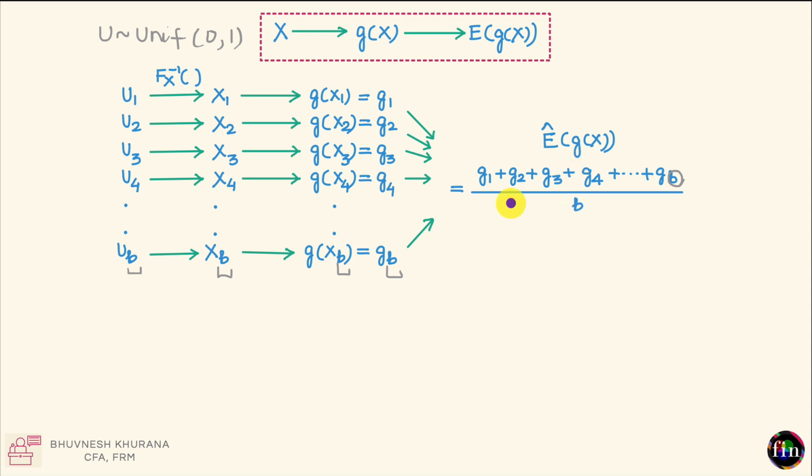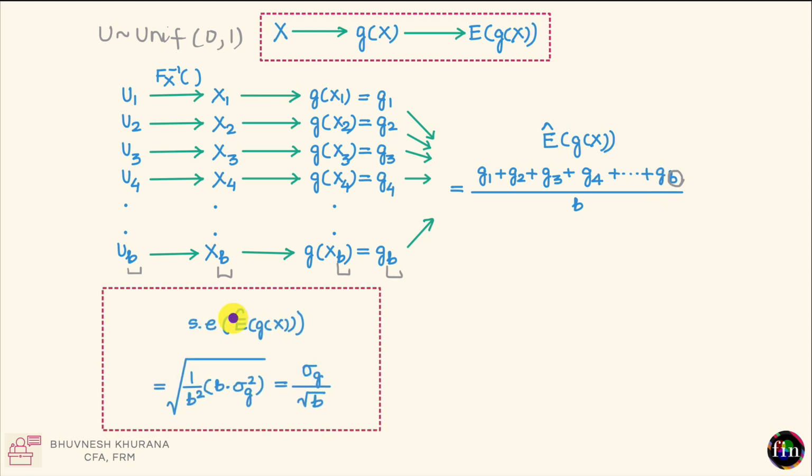This estimator is simply 1 over b, which is a constant, times the sum of b IID random variables. So the variance would simply be 1 over b squared times the variance of the numerator, which, because these g's are IID, would simply be equal to b times the variance of each of these g's, that means b times sigma g squared.